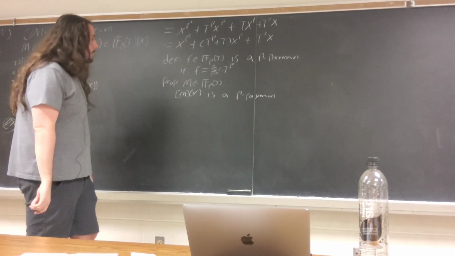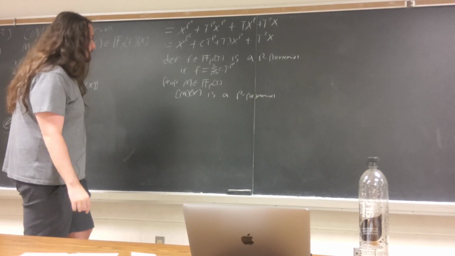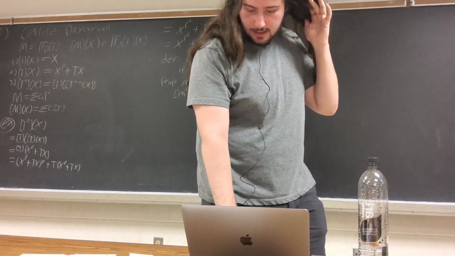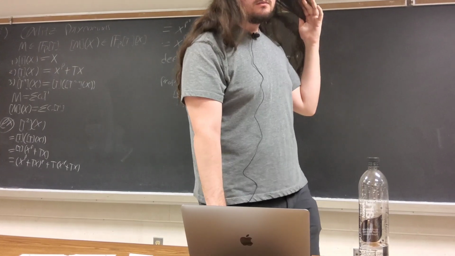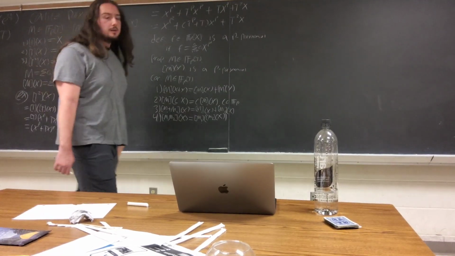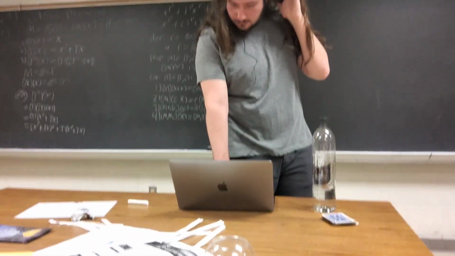So, I think I will omit this proof because it's not that important, I don't think. But it does give us a lot of properties. I think it's very important. It's important enough to include. So, let's see.